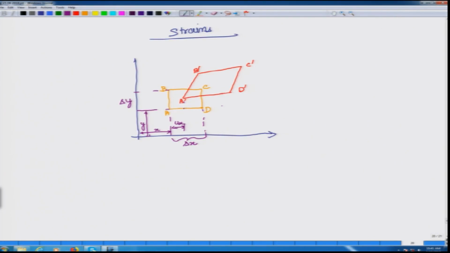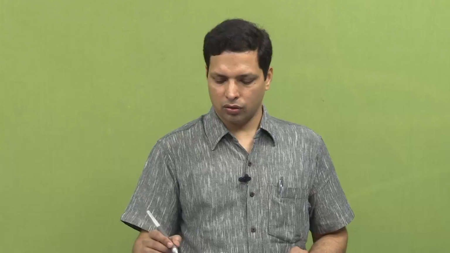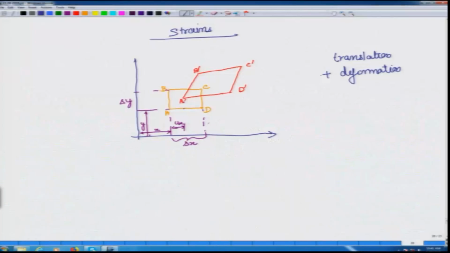Our first hunch would be to say that this should also have moved by u x, but then you have to realize that this is not only translation, there is also deformation. As a general case, let us say that there is an elongation. If it is getting condensed, we can assume it is negative elongation. So, there will be some elongation.